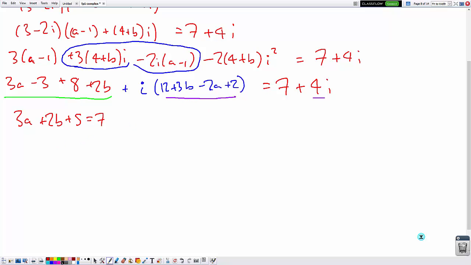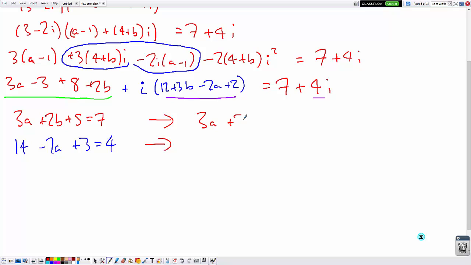And then this one gives me 12 plus 2, so it's 14, minus 2a plus 3b, and that's equal to 4. So let's not leave it like this. I don't want numbers here as well, so I'm going to subtract 5 from both sides, and subtract 14 from both sides.